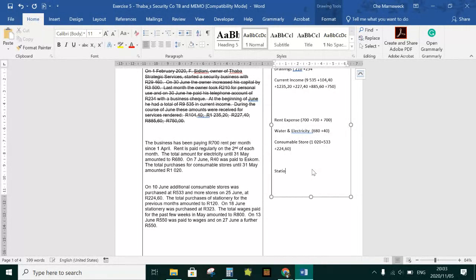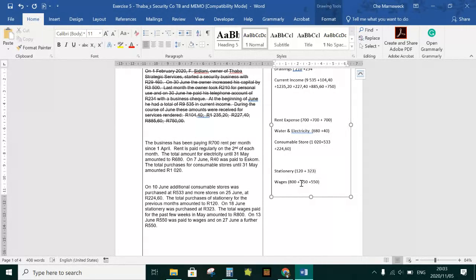Stationery is 120, and we bought 323. Wages in the past few weeks in May was 800. On the 13th of June, we paid 550, and on the 27th, we paid 550.